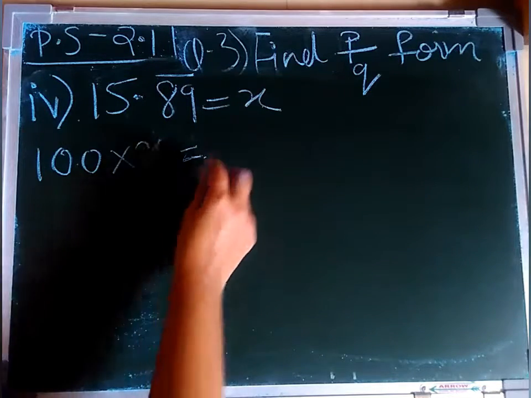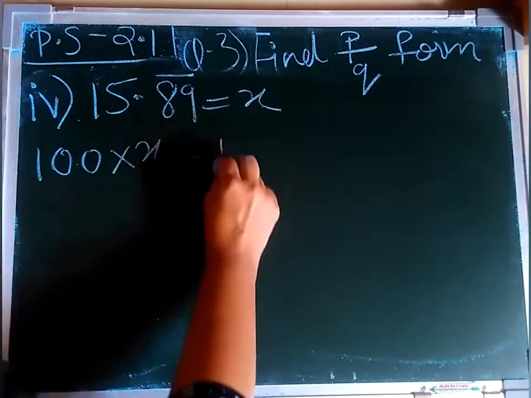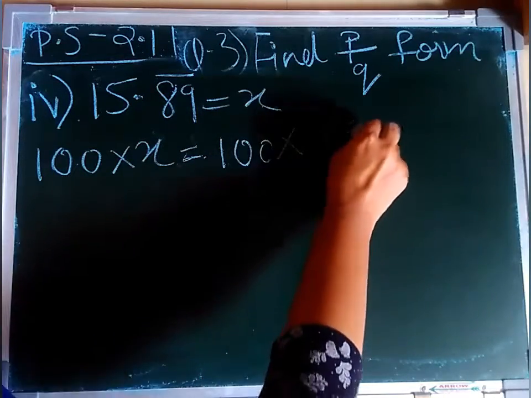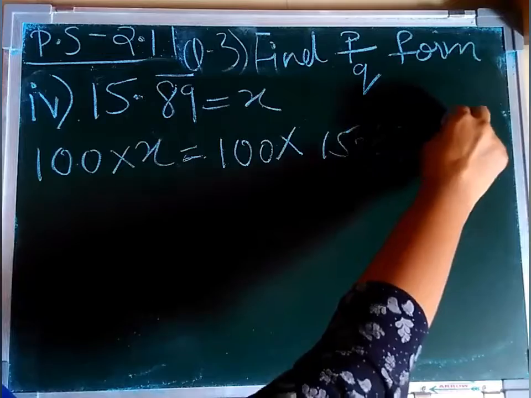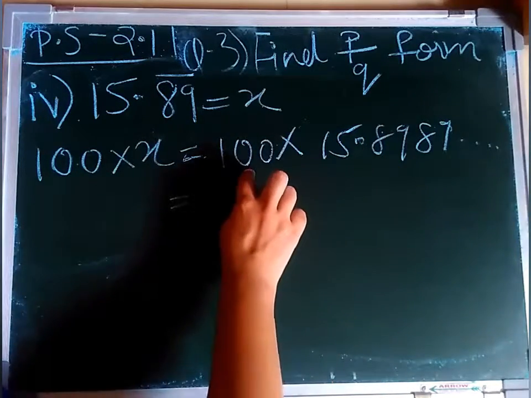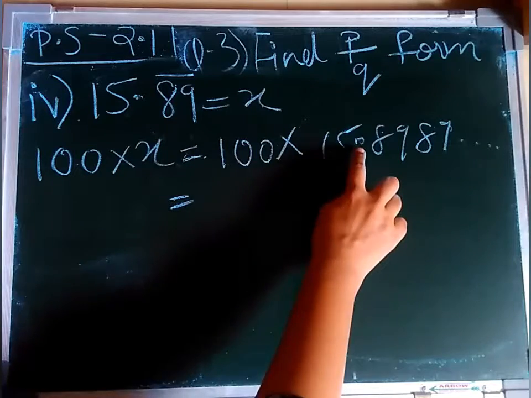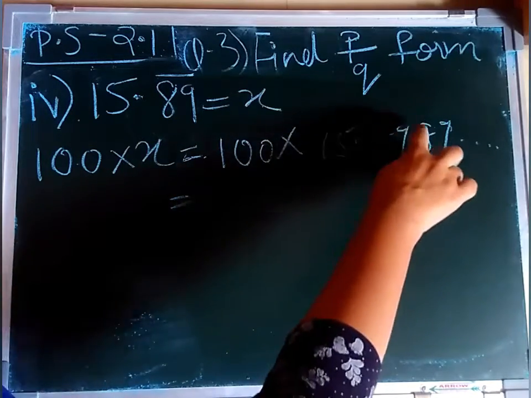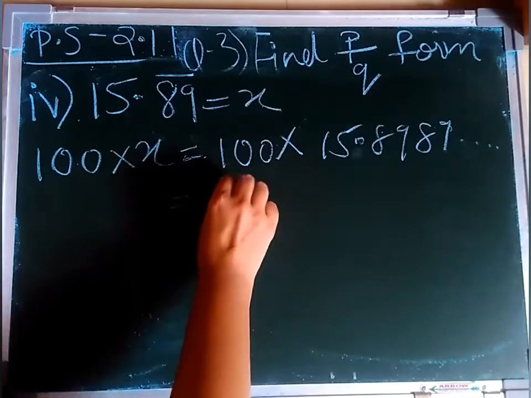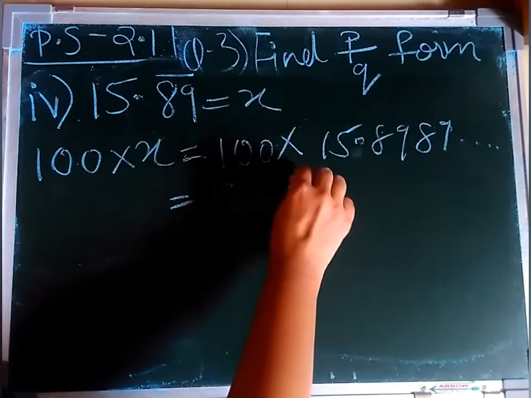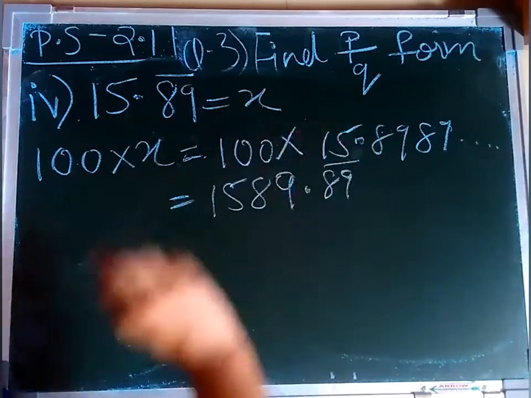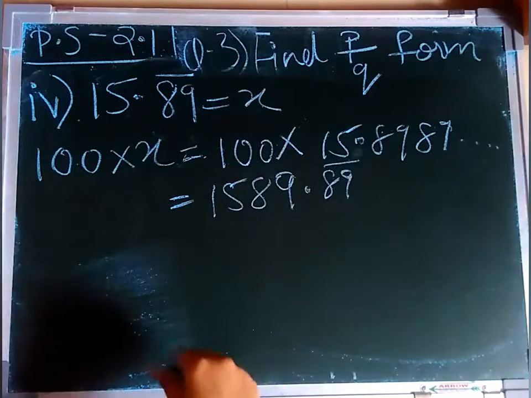So 100 into x will be 100 into 15.8989 and it goes on. When I am multiplying by 100, that means there are two zeros. I have to shift the decimal point twice towards the right. So it will be 1589.89, and it is repeating, so bar. So this is what the number is.